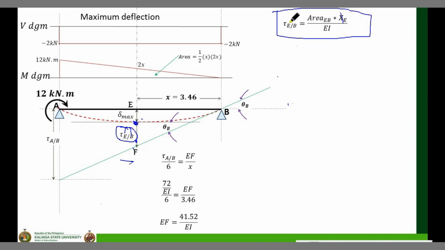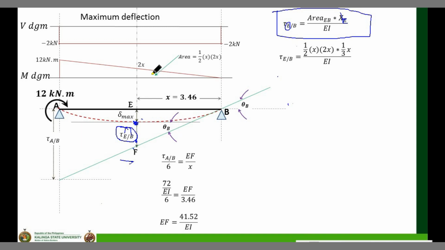Again, whatever letter is in the numerator is your basis for the determination of your x. So substituting this, the area from E to B is equal to 1/2 of x times 2x. Your xe is equal to 1/3 of x.